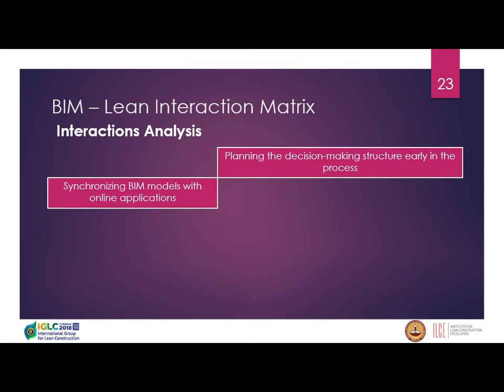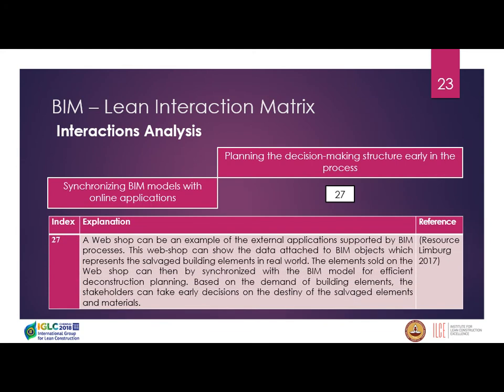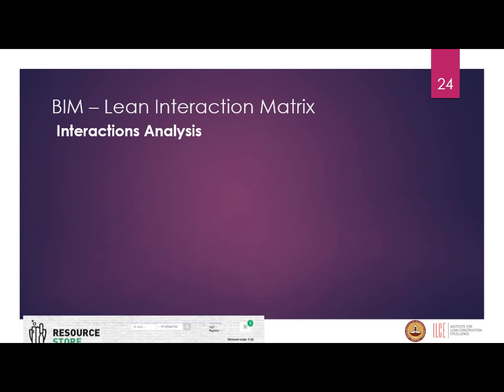Another example is synchronizing BIM models with online applications against planning the decision-making structure early in the process. Between them, there was an interaction, and what we say here is that using a web shop that sells elements, whenever an element is sold, the BIM model can be directly updated, and hence you can update the execution process of deconstruction directly.